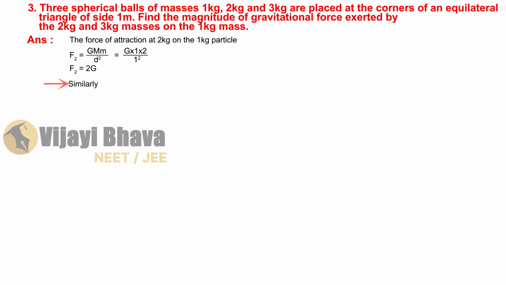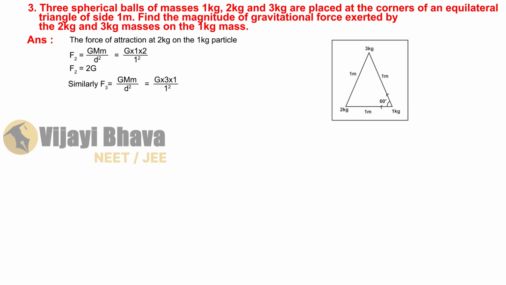Similarly, the force between 3 kg and 1 kg mass, denoted by F3, is given by G m1 m2 by d square again, which comes out to G into 3 into 1 by 1 square, which is 3G. So, the force between 3 kg and 1 kg, represented as F3, is 3G.